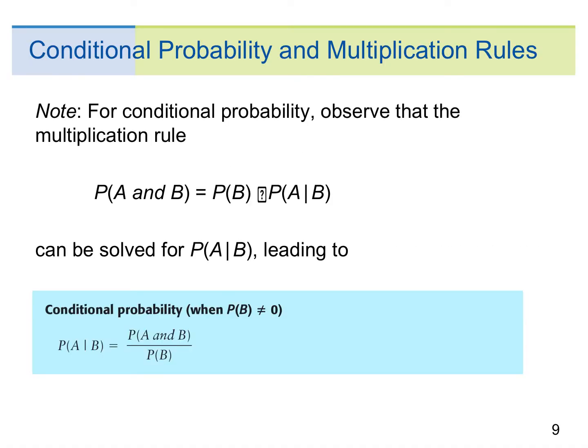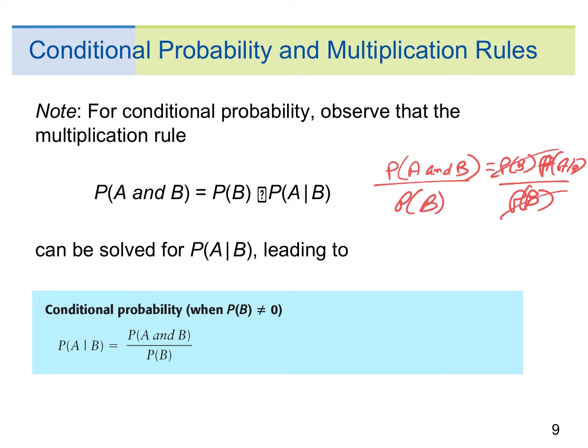Now the formulas for the conditional probability themselves. If you think about it, everybody, we had the probability of A and B. Sorry, they have not taught us the symbol, so I have to use the word and. A and B is equal to the probability of B times the probability of A given B. We just had that a couple seconds ago. Well, think about it. If you divide by the probability of B on both sides, then the probability of A given B is equal to this.